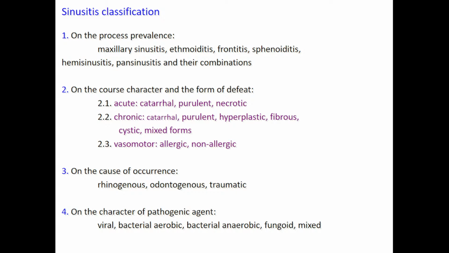Due to morphofunctional changes, acute is catarrhal, purulent, necrotic; chronic is catarrhal, purulent, hyperplastic, fibrous, cystic, mixed forms, and vasomotor, allergic and non-allergic. Due to the way of spreading the infection: rhinogenous, odontogenous, traumatic, and on the character of the pathological agent, it may be viral, bacterial, fungal, and mixed.